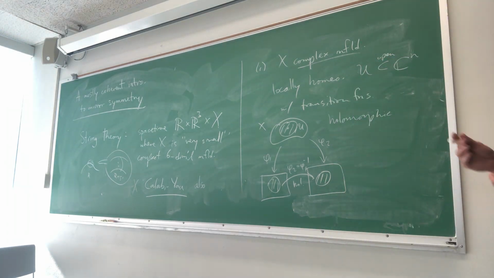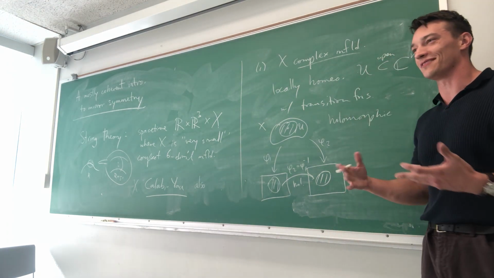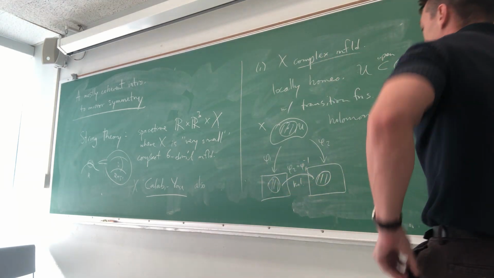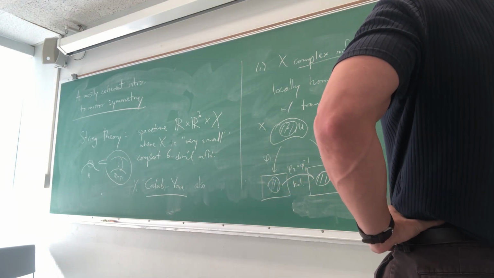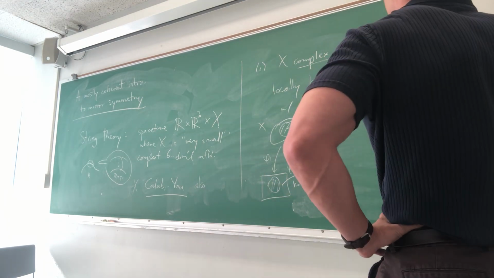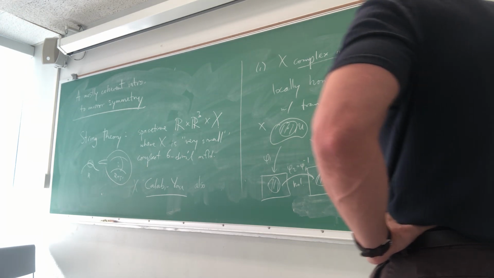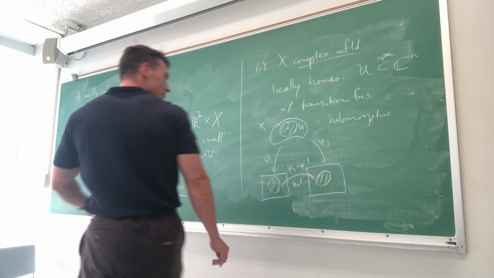So it's kind of an upgrade of a smooth manifold, where we require more of these charts. It's something that locally looks like C^n. Many of you have surely seen this before, but I'm just trying to keep things fairly complete here.